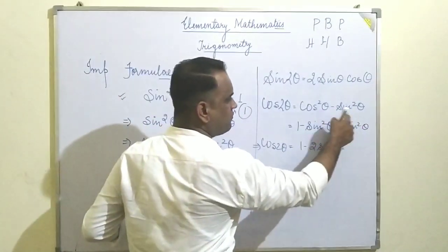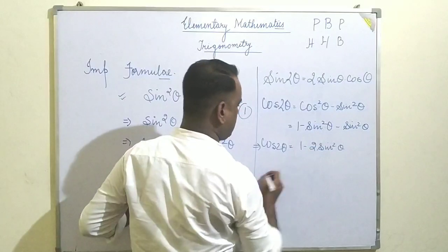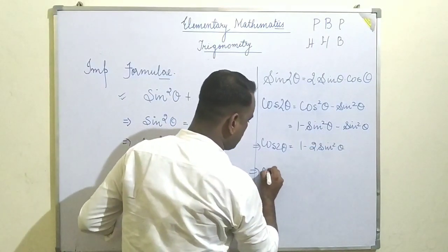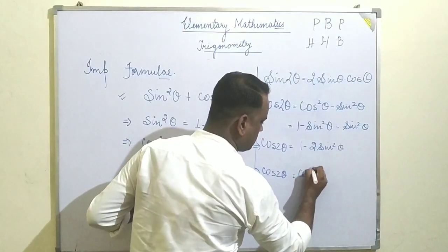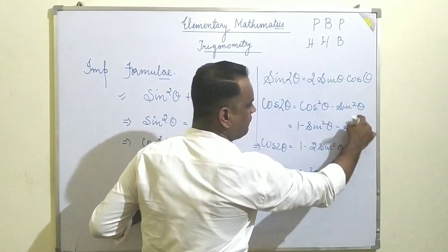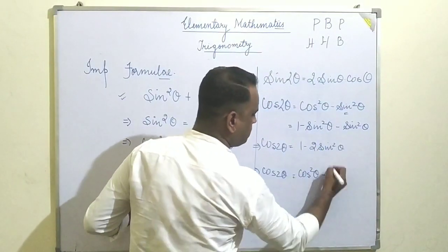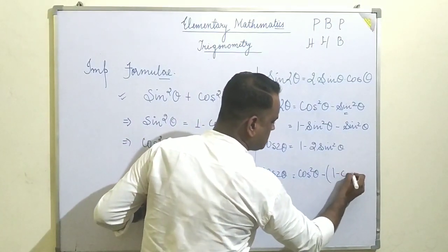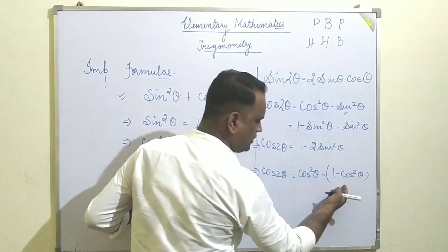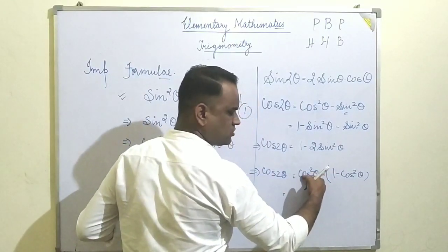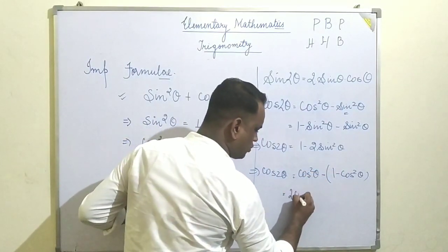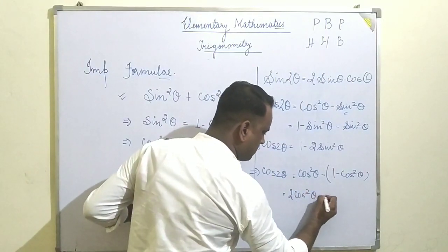If we put the value of sin square theta, cos 2 theta is equal to cos square theta minus, in place of sin square theta, we can put 1 minus cos square theta. So the negative becomes positive, and cos 2 theta equals 2 cos square theta minus 1.